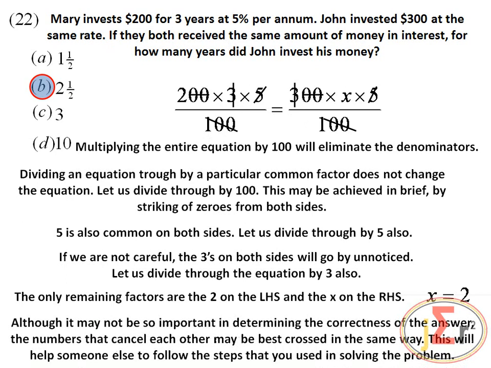Although it may not be so important in determining the correctness of the answer, the numbers that cancel each other may be best crossed in the same way. This will help someone else to follow the steps that you used in solving the problem. Notice that 3 will cancel with 3, 100 cancel with 100, this cancels with this, and they are crossed in the same way.